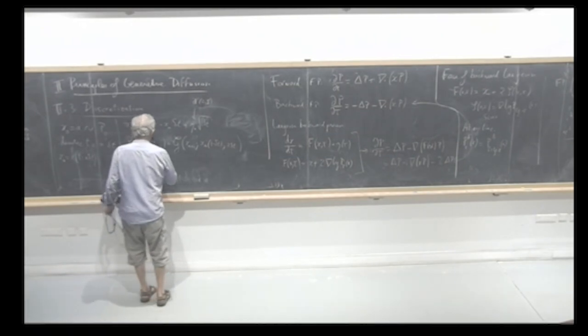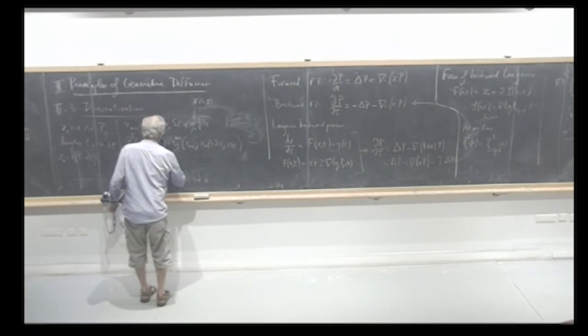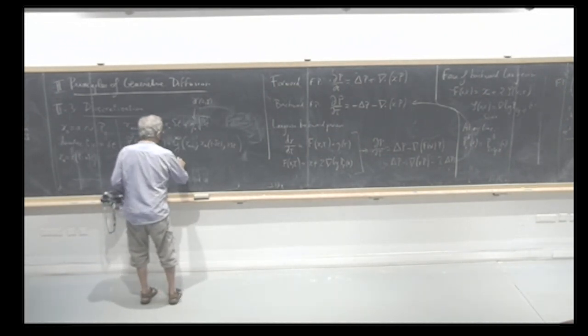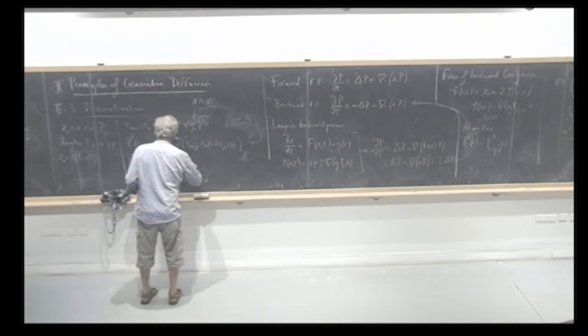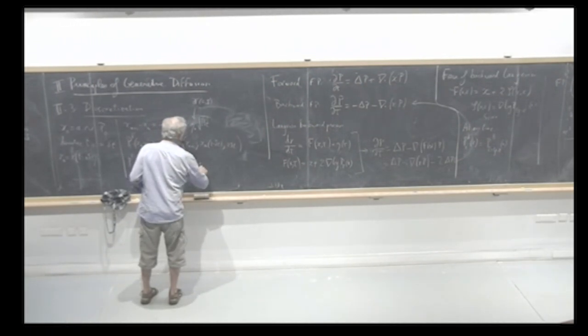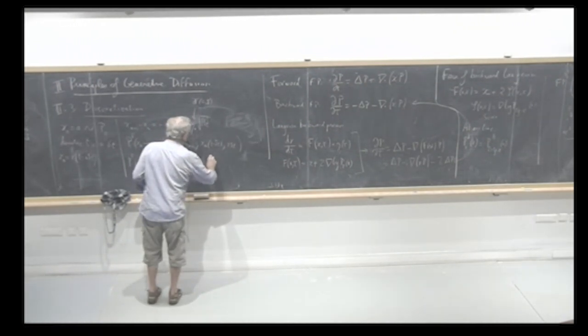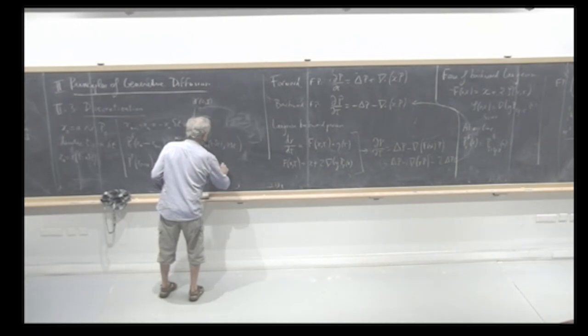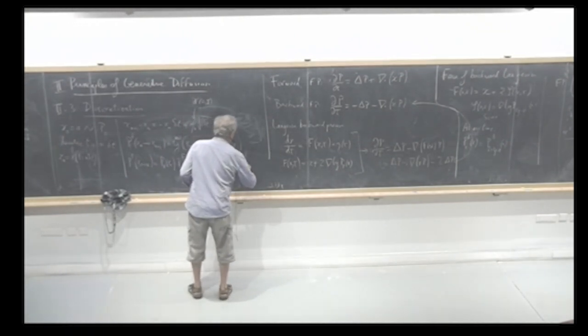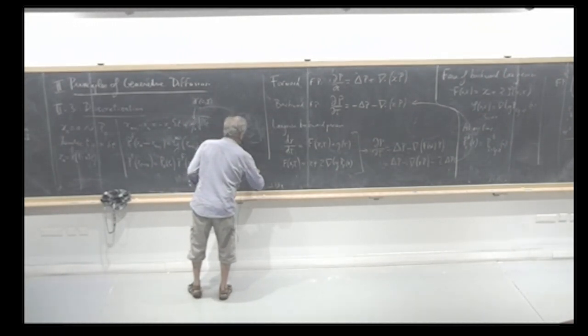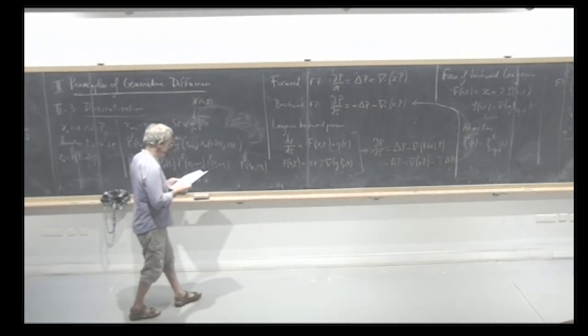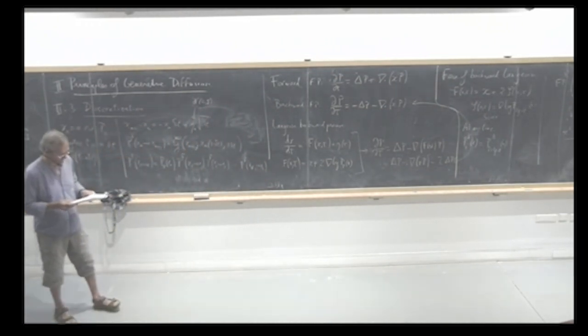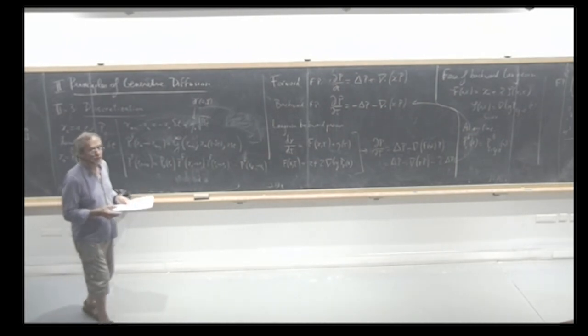And this will be p0 of x0 times the forward probability x0 goes to x1, x1 goes to x2, xn minus 1 goes to xn. So we have a Markov chain.